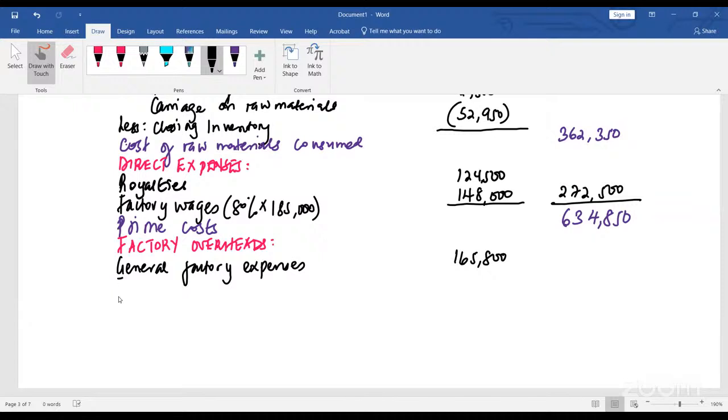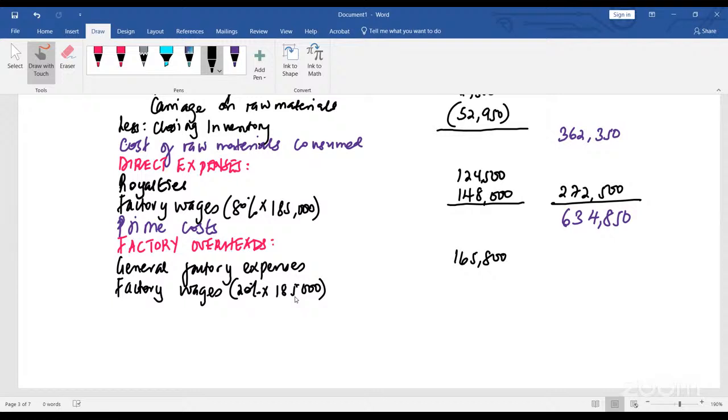So you can also bring the factory wages, the 20%. 20% times 185,000. What is 20% of 185? What is 20% of 180?